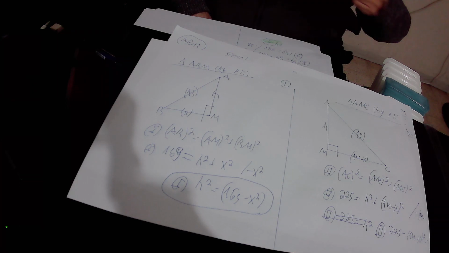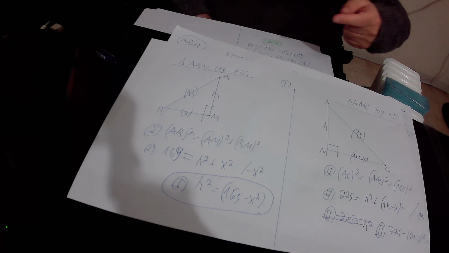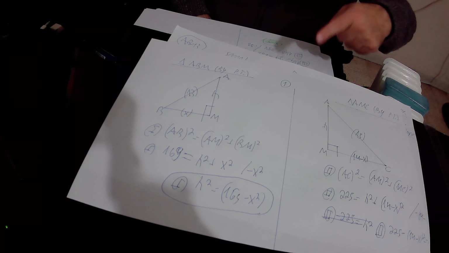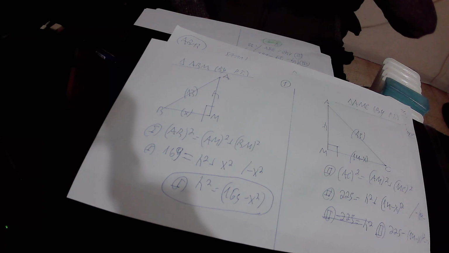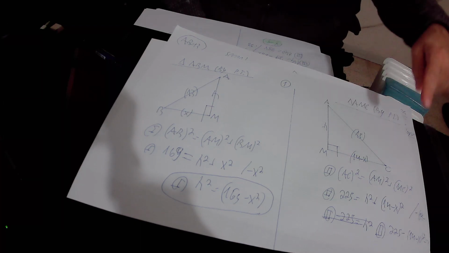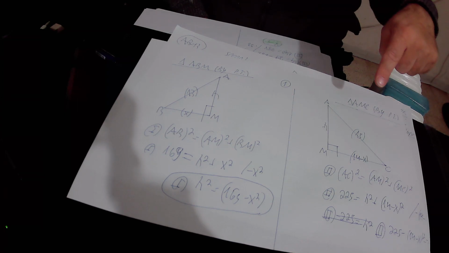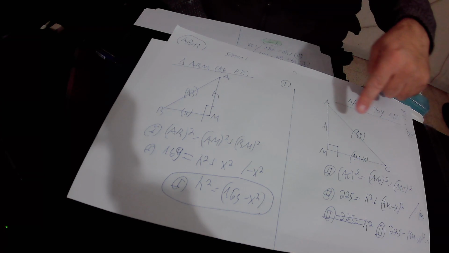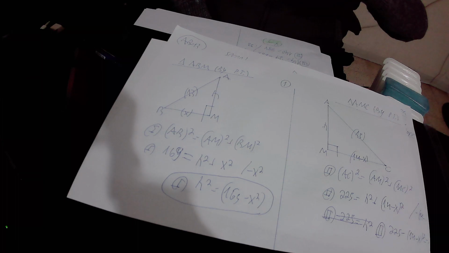By the Pythagoras theorem in this right triangle AMC, AC squared equals AM squared plus MC squared. AC is 15, therefore AC squared is 15 squared, that is 225, and it equals AM squared. AM is 8, therefore AM squared is 8 squared, plus MC squared. MC is 14 minus X, therefore MC squared is 14 minus X, squared.